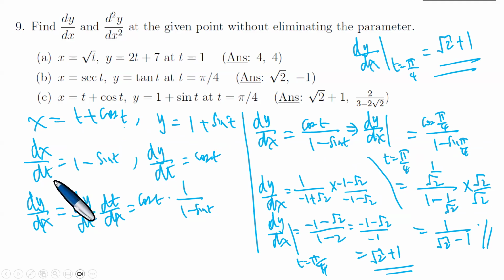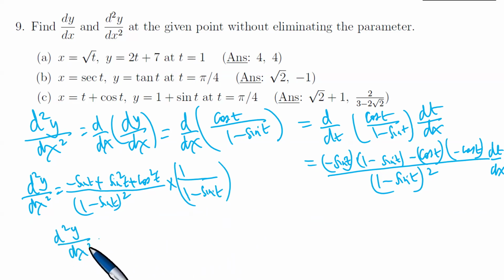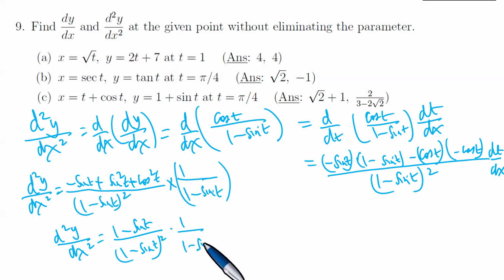So this is 1 minus sine t divided by 1 minus sine t squared, and 1 minus sine t cancels out, leaving 1 minus sine t squared.